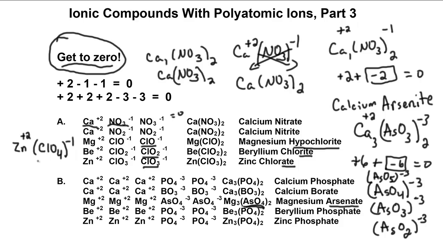And so we would write out zinc perchlorate as Zn(ClO4)2. So we have perchlorate right here, ClO4, chlorate, ClO3, chlorite, ClO2, and hypochlorite, ClO. All of them have a charge of -1.